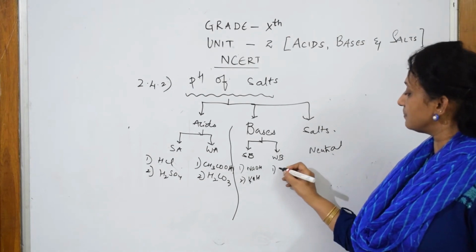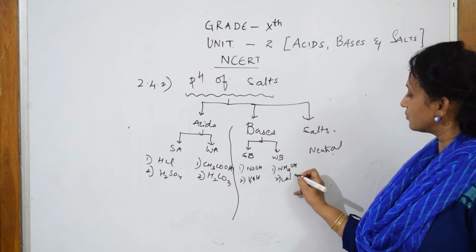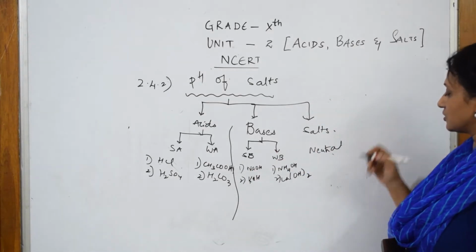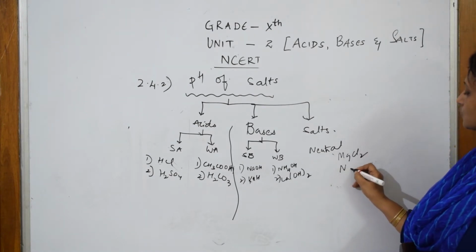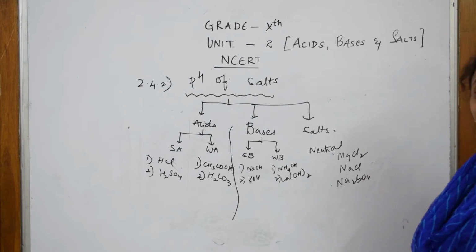Weak base examples are ammonium hydroxide and calcium hydroxide. Neutral salts we have given are magnesium chloride, sodium chloride, sodium sulfate, etc.